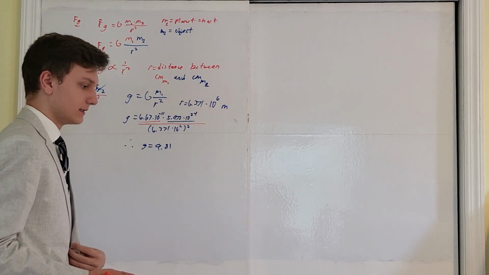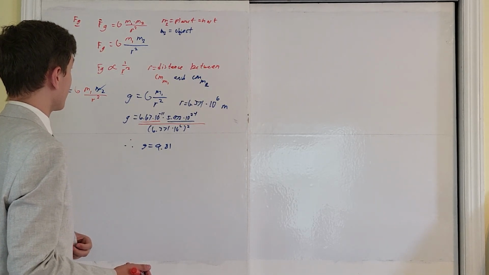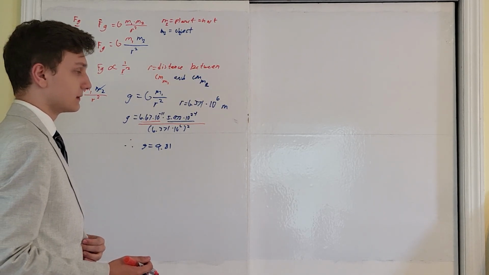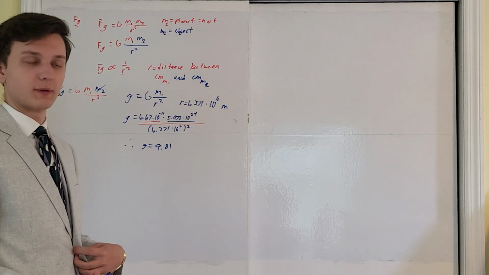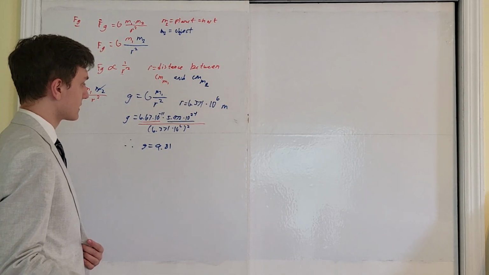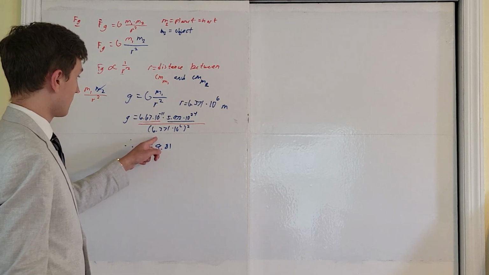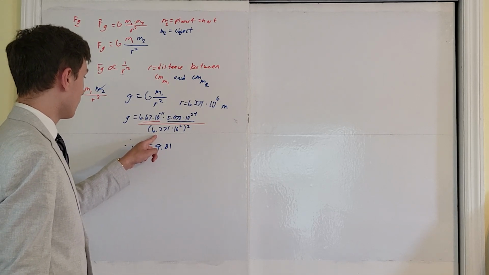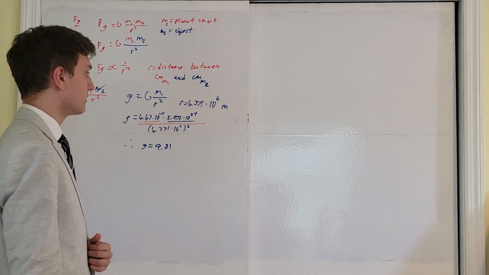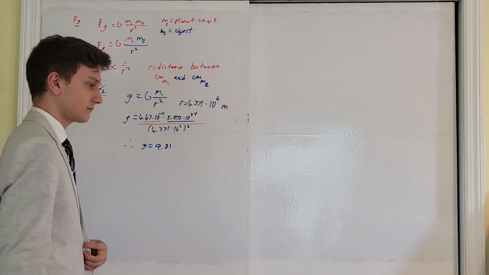And why does g not vary with respect to radius? Well, g does vary with respect to radius, but like I said previously, the radius of Earth is over 6 million meters, okay?